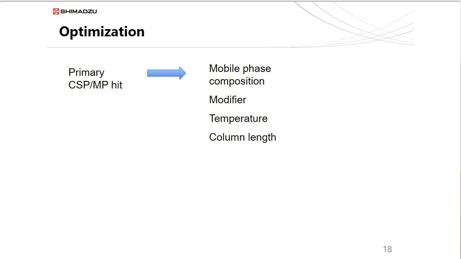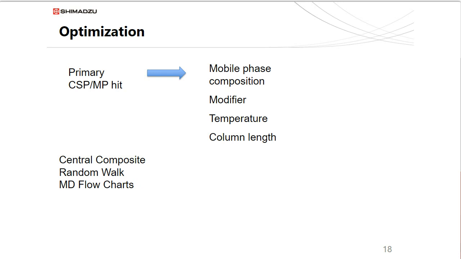So there are different ways of going about this. One way would be to use a centralized composite way of augmenting one of these parameters while holding the others constant, or you could do a random walk or a hunt and peck method. And there's also a lot of flow charts out there available from different commercial companies and column manufacturers.